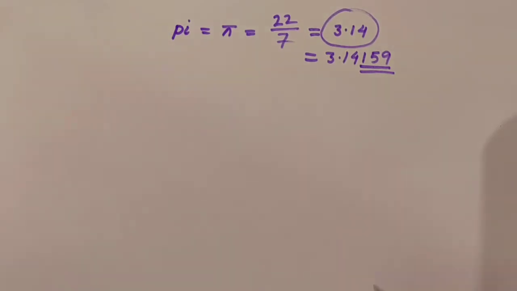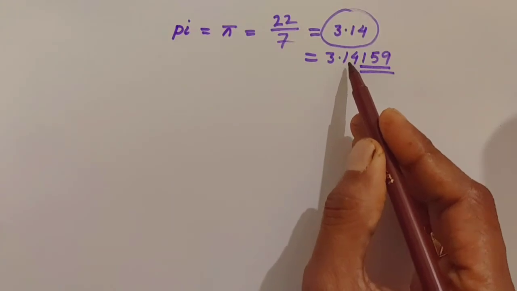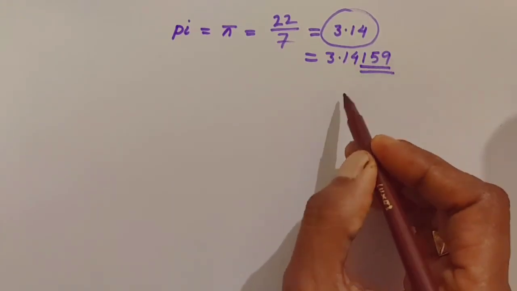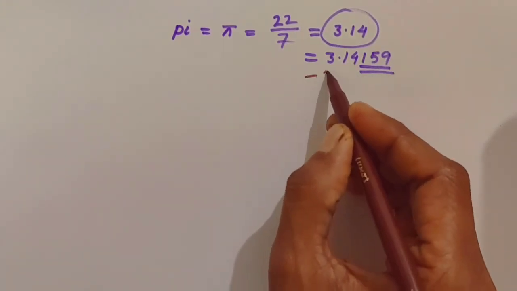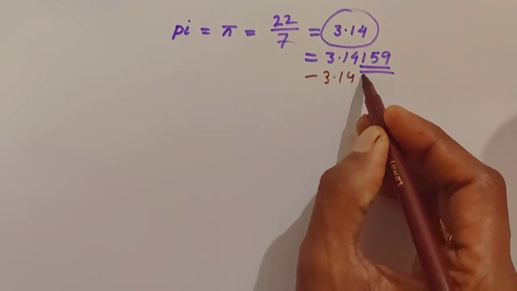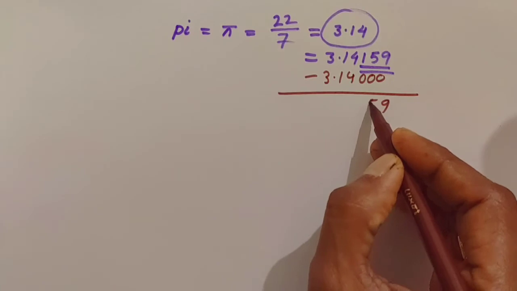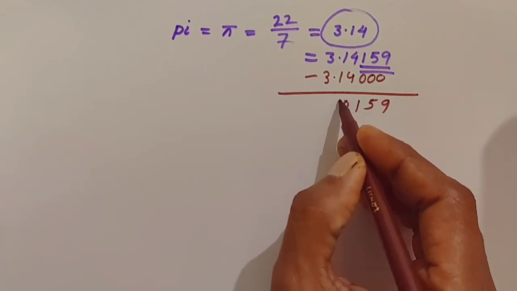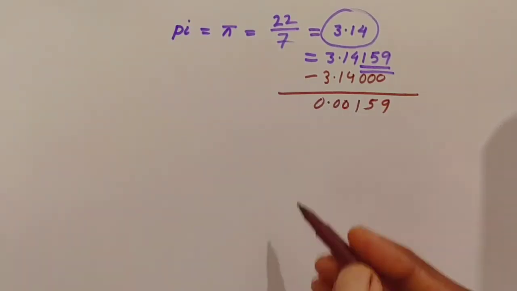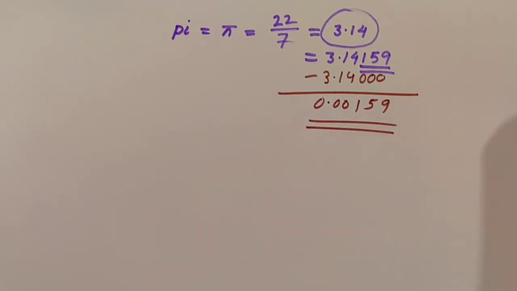The other part, 0.00159, if you subtract this, it will come like this. So there was a difference between these two.